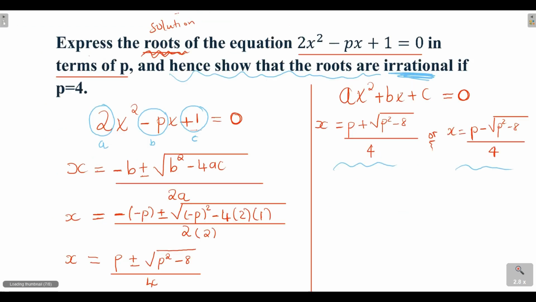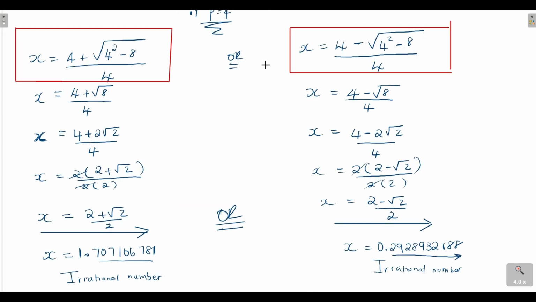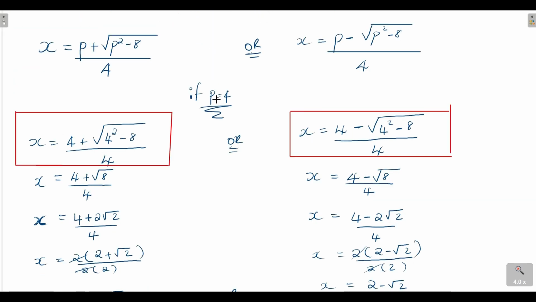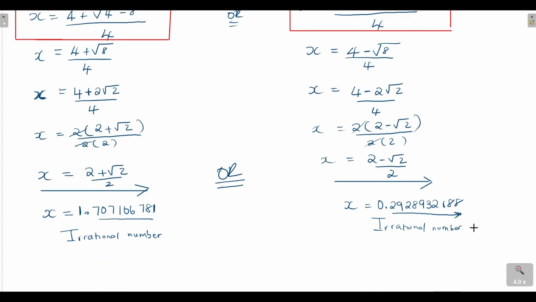So we've basically shown that we've expressed the root of this equation in terms of p, because we were able to show that x is equal to p plus. We've expressed the solution in terms of p, and hence we've shown that the roots are irrational. When you substitute a value of p equal to 4 into these roots, we found that these roots are irrational because there's no pattern here.